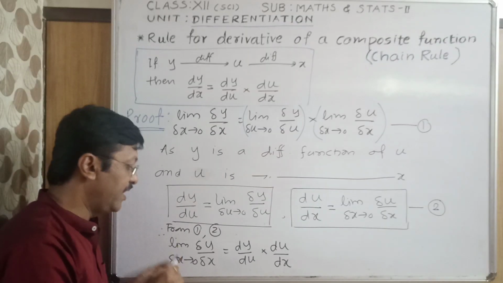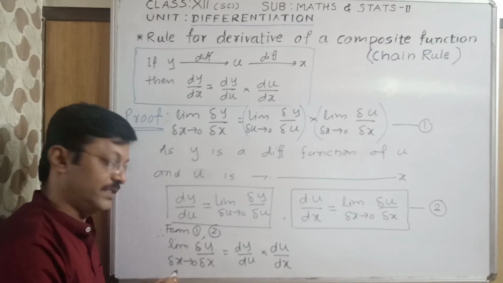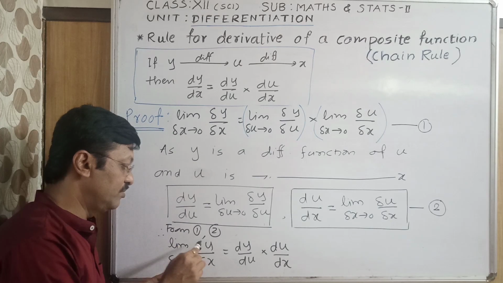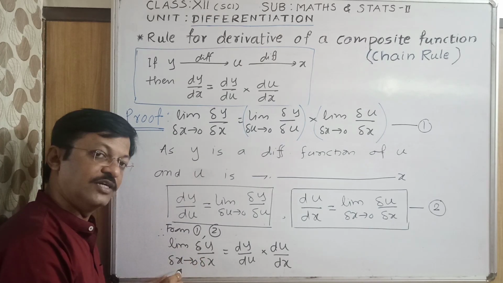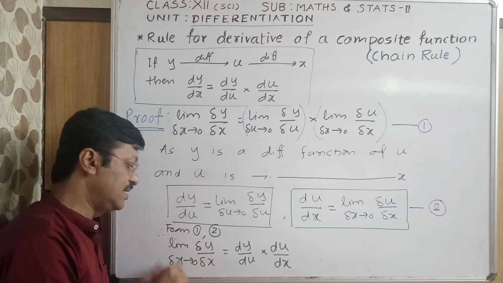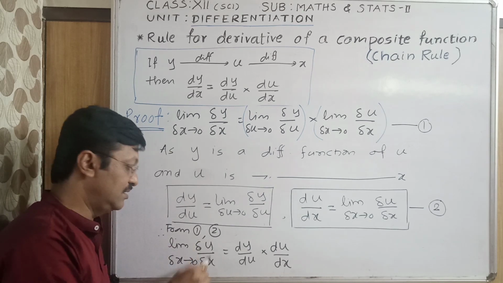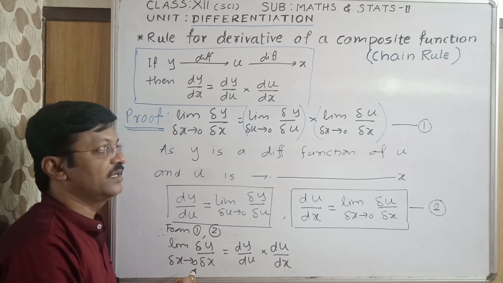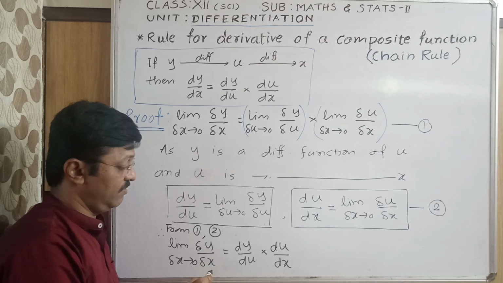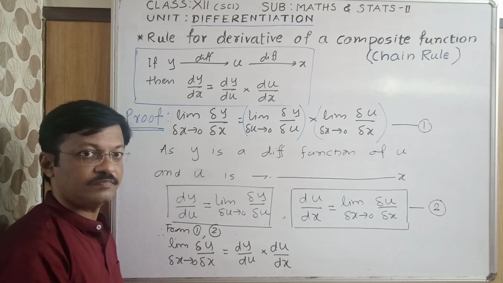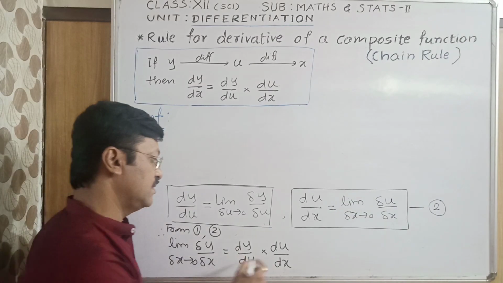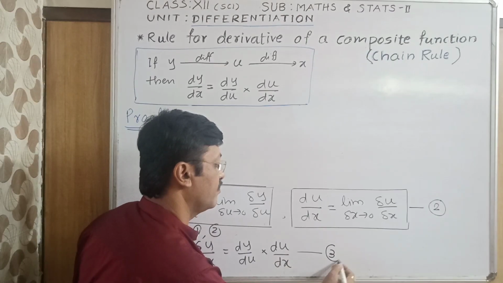And if the left side exists, limit delta y by delta x as delta x tends to 0 exists, which means dy by dx exists. This is nothing but dy by dx. So we can finish this in a few lines after this. Let us take this as 3.